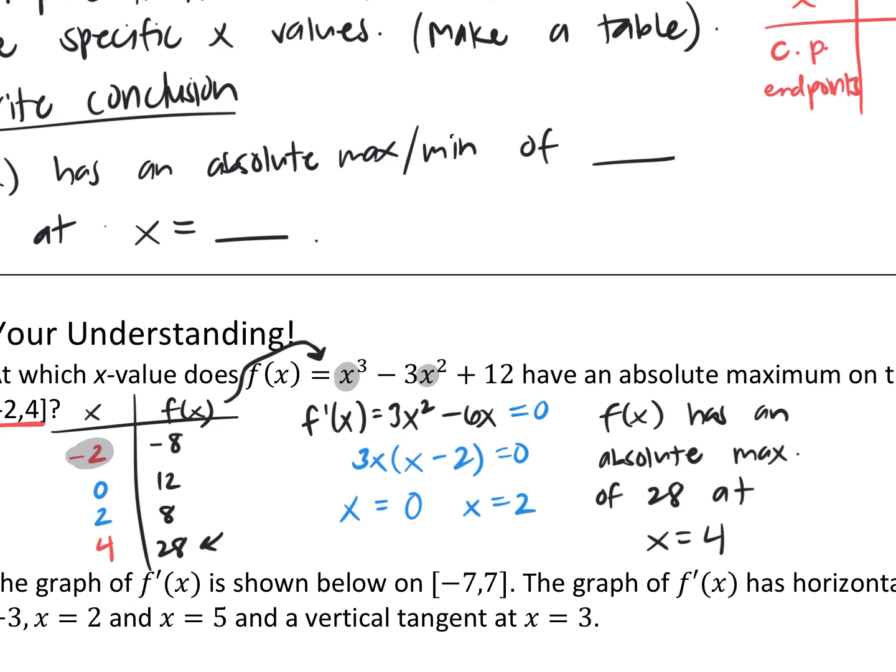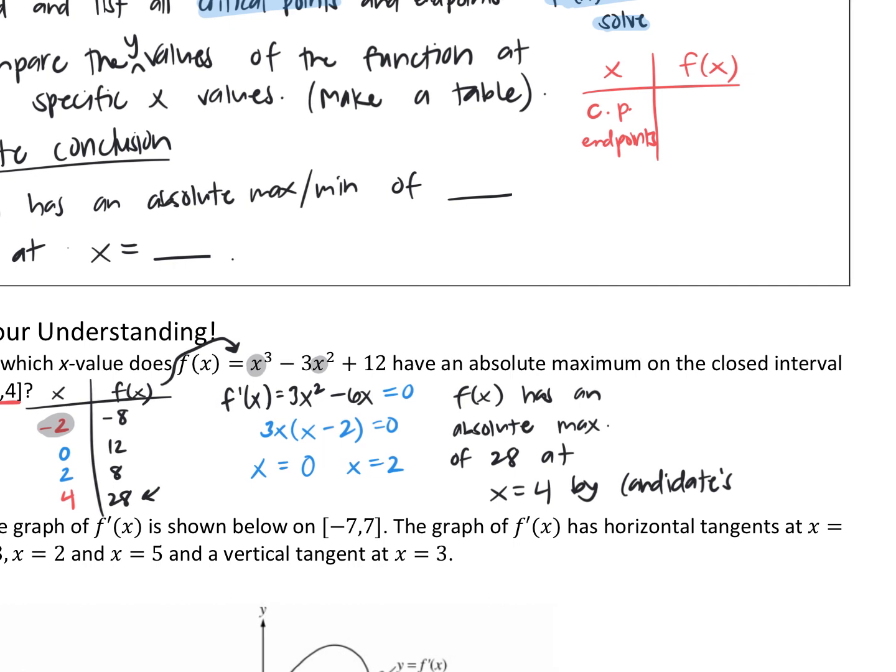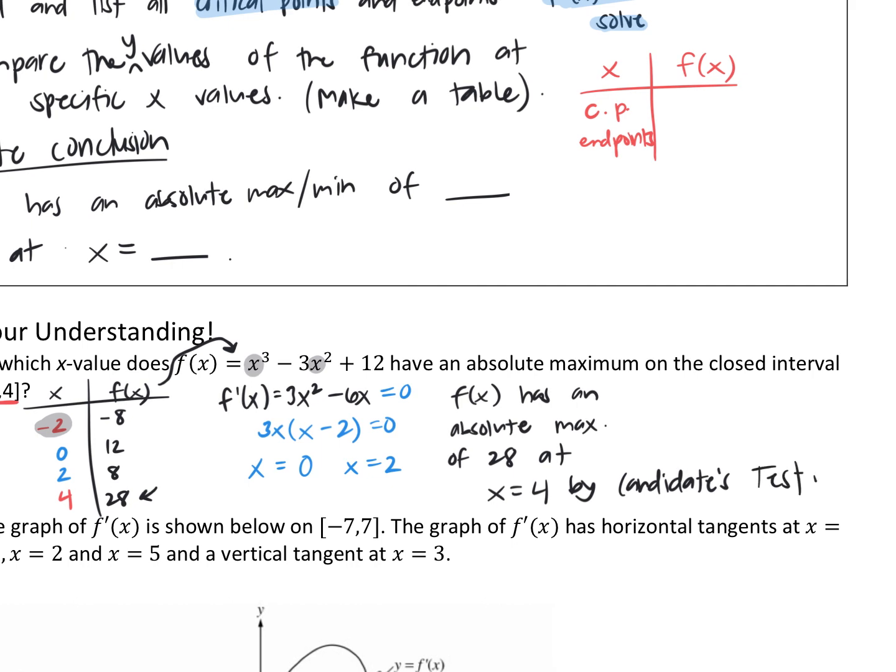One other way actually to make it even better is we can say by the candidates test. If it says to justify, that would technically be your reasoning. The candidates test is what allows us to do this, and the reasoning behind why it works. Okay?